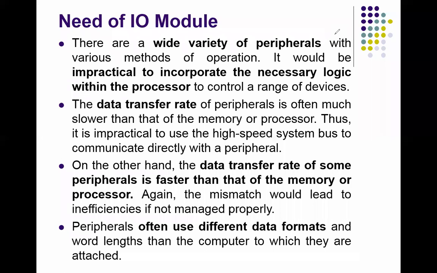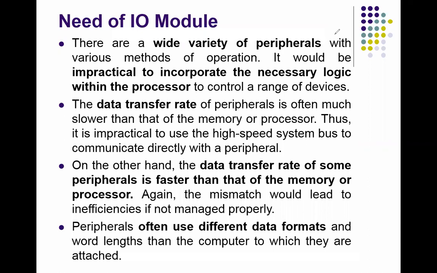So we have seen these different devices have a different data transfer rate. Some devices are much faster than the memory and processor, and there are some devices which are slower than memory and processor. So it mismatches the speed, which leads to inefficiency if not managed properly.